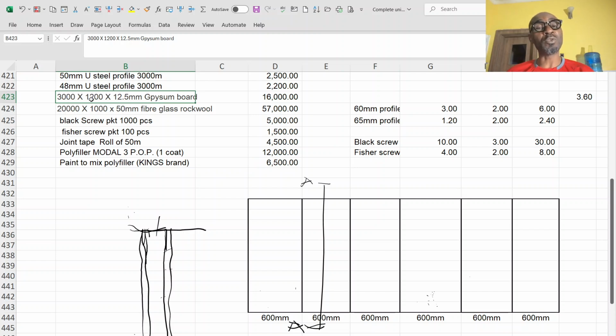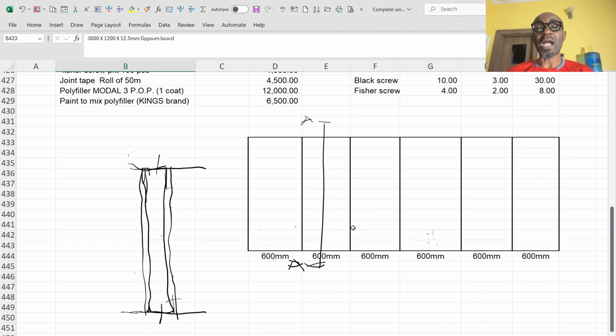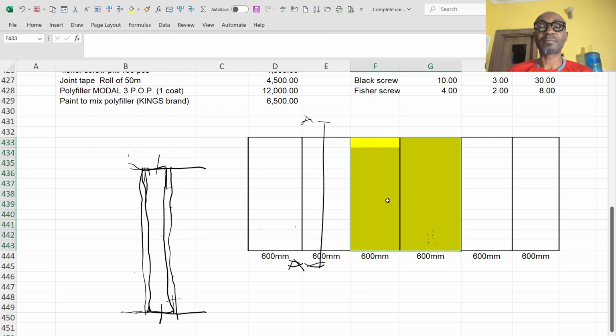So if we're using a 1.2 board, meaning that we are placing our profile at centers of 600, we are now taking this area. This is the area we are going to clad with a 600 board.